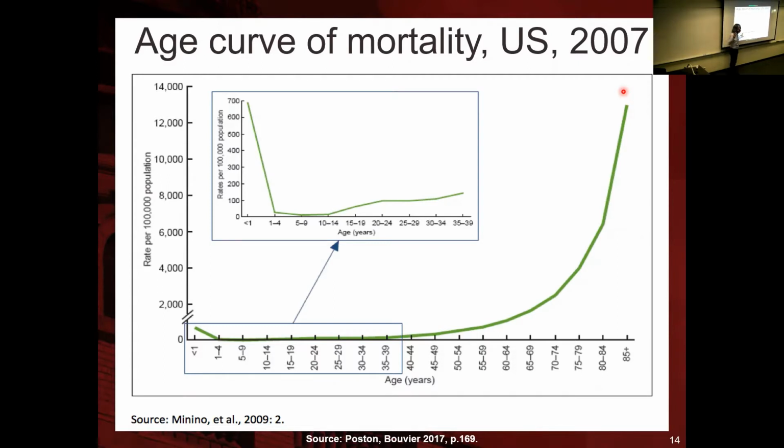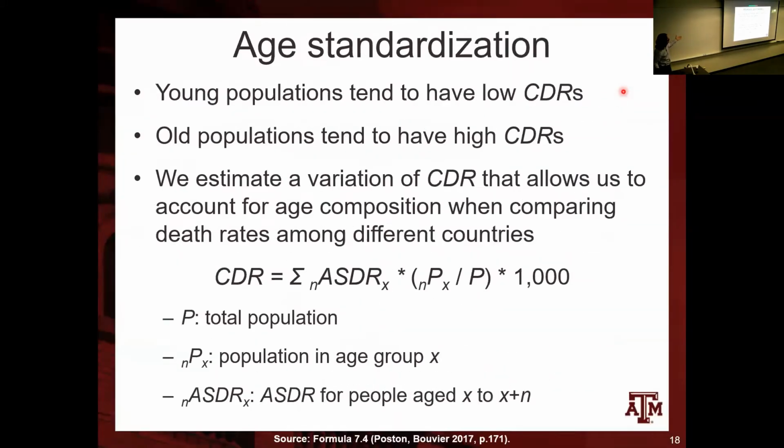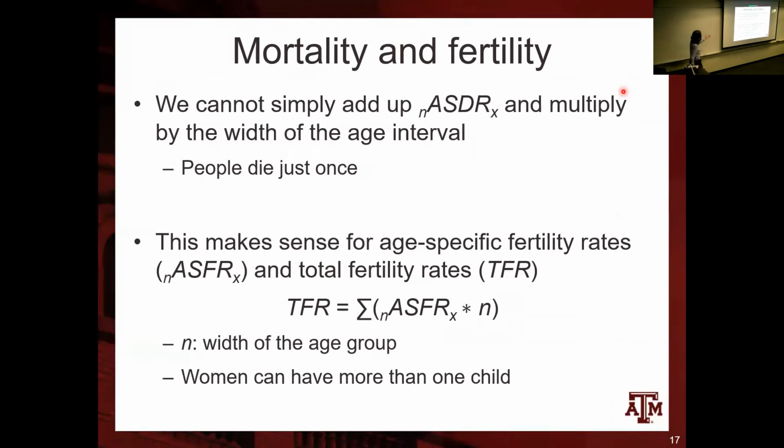This rate times 5, this rate times 5, all of them times 5, until we have to make an adjustment in the last one that has an open interval. Could we not just do that? Multiply each one of these rates by the width of the age group and then add them all with the same idea that we did for total fertility rate? Why can we not do that the same way for mortality?